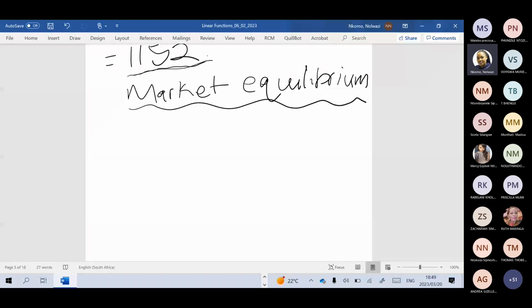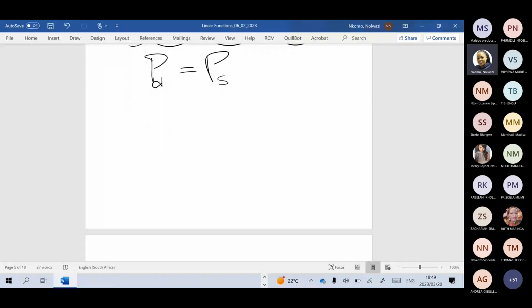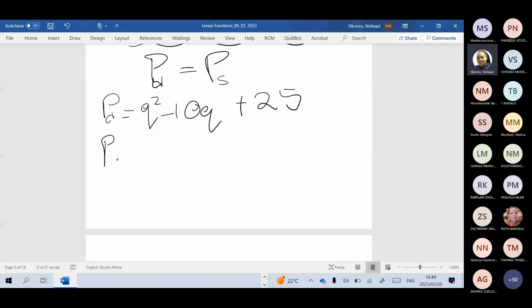For example, suppose we are given two quadratic functions, which are nonlinear functions. The demand function is q squared minus 10q plus 25. And we are given the supply function as p is equal to q squared plus 6q plus 9. Suppose we are asked to find the equilibrium quantity.